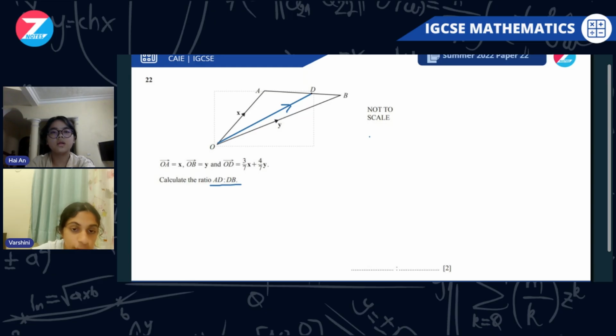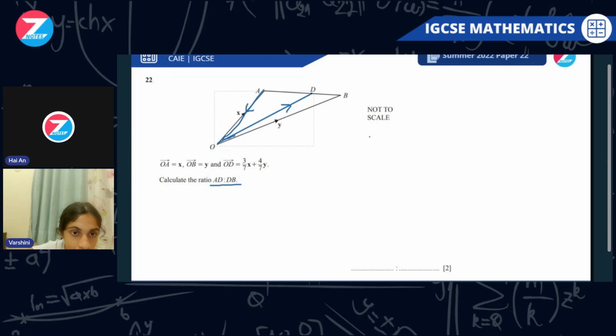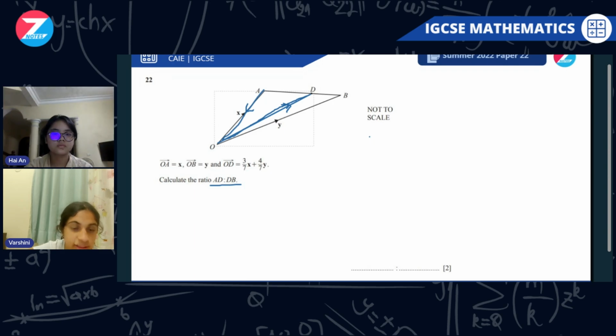To find AD, we can literally just go backwards, down AO, and up to D, which will give us the vector AD. We're going to go down AO, and that's not x, remember, because we're going down and x is up.